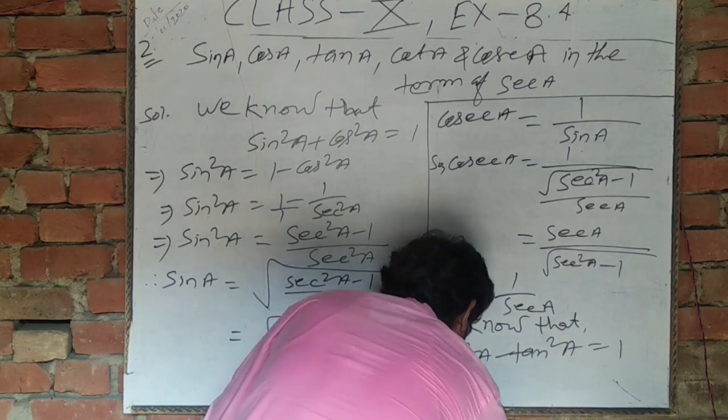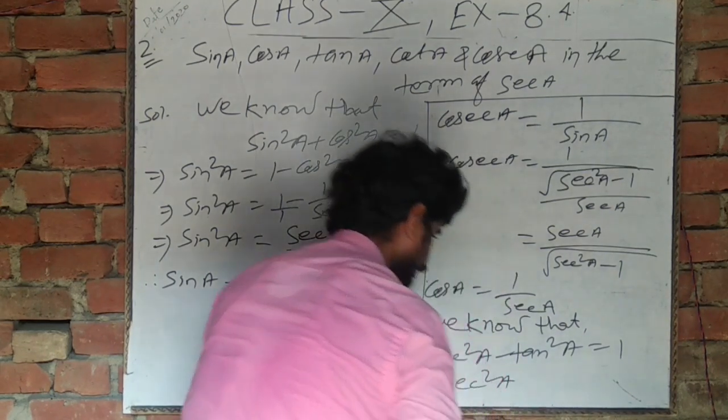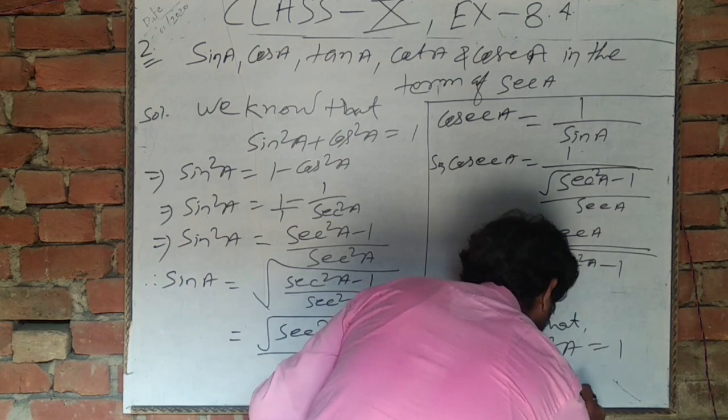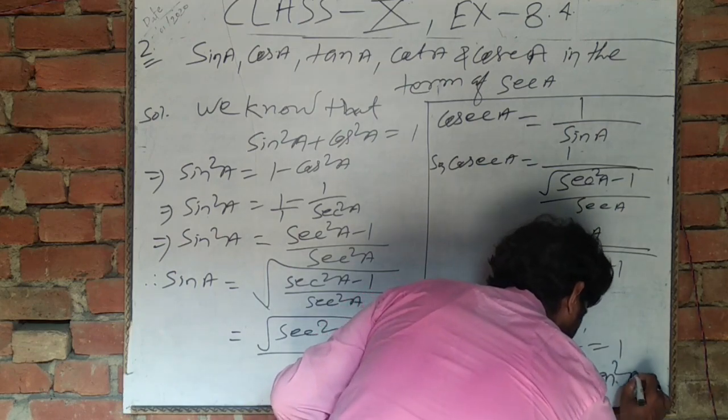That means sec square A minus 1 is equal to tan square A.